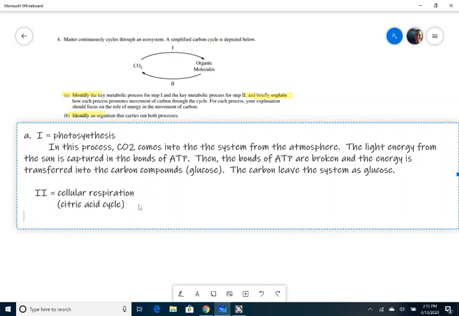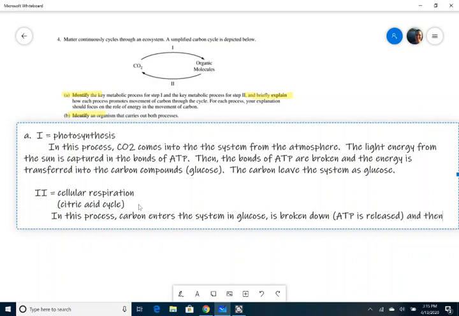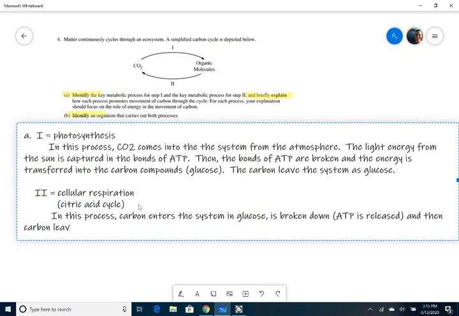And so then in this process, carbon enters the system in glucose, is broken down, then ATP is released, and the carbon leaves the system during the citric acid cycle.